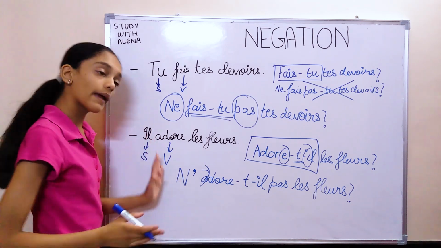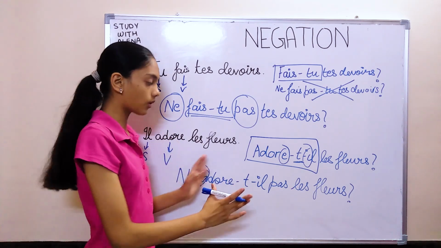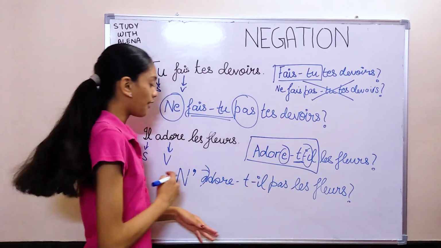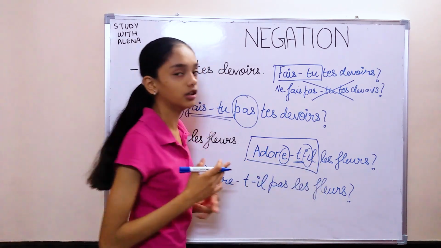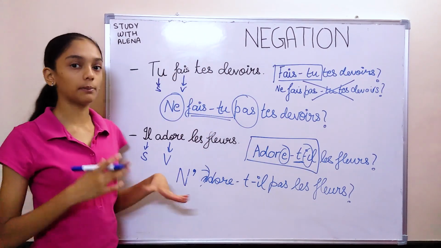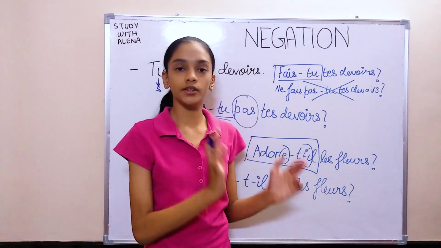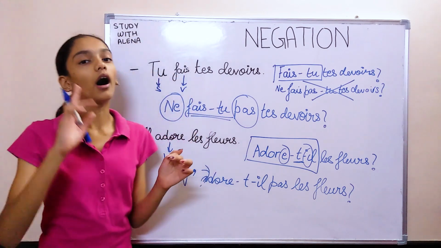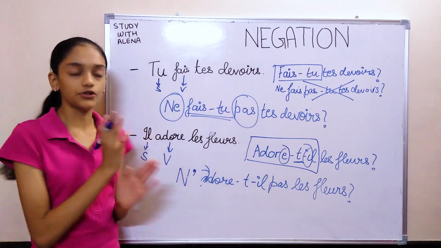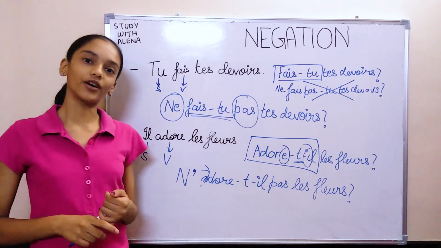So it would become n'adore-t-il pas les fleurs. So always remember, when there is a vowel after ne, always put an apostrophe instead of the E. Otherwise it would be wrong.